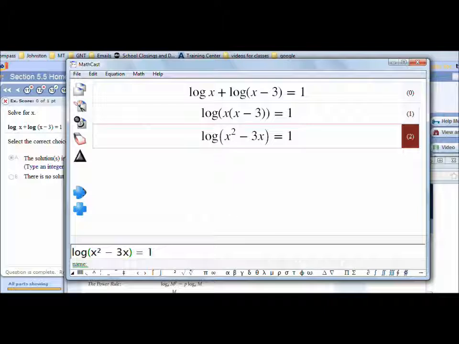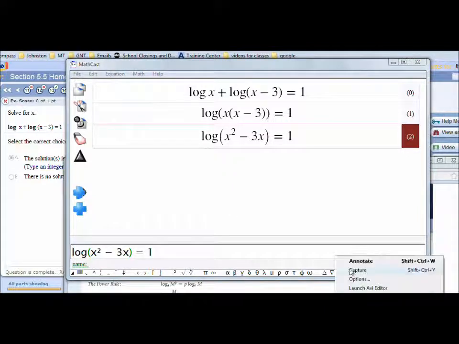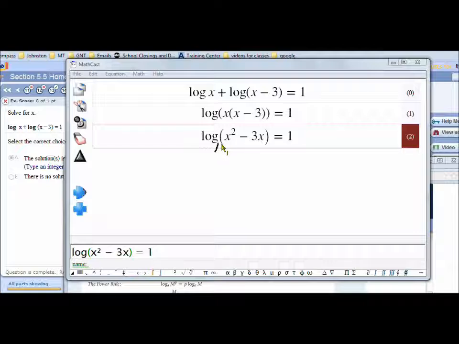And let's annotate it, and let me describe what I'm going to do. Here's the 10. The 10 is going to come over here and take the 1's place. The 1 goes into the exponent spot. And that will essentially remove the log in this problem. Okay, let's get cooking here. Let's do it.